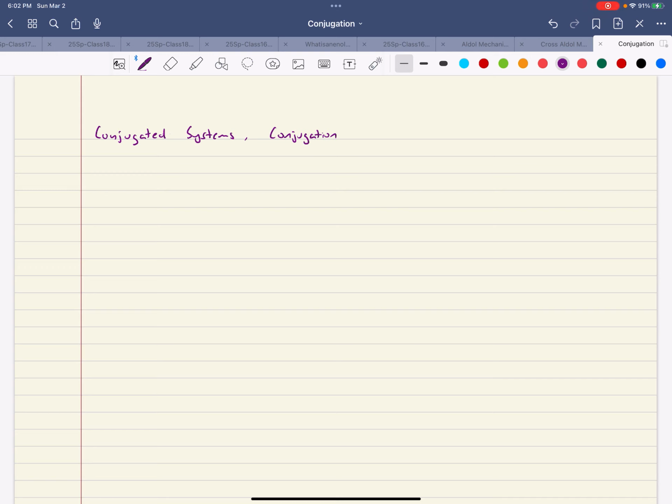A molecule has a technically conjugated pi system when you have the alternating pattern of double bonds and single bonds. And so technically, what is conjugated? What is in connection with each other? It is the pi electrons. And so really I should be saying conjugated pi system.